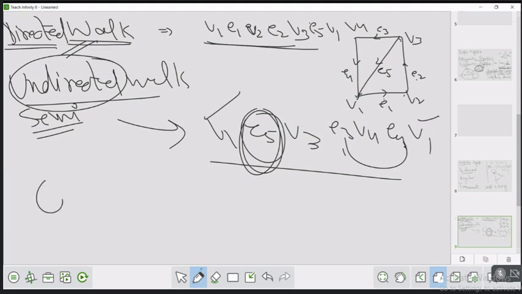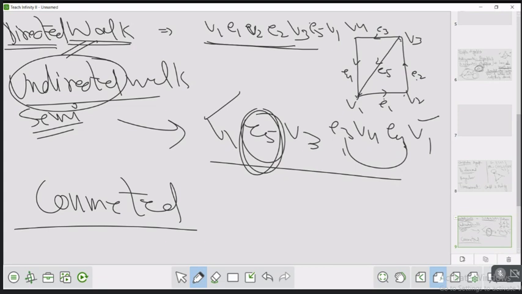And what do you mean by connected? What do you mean by a connected graph? In an undirected graph, we say that a graph is called connected if every pair of vertices has a path. Then we can say that it is connected.